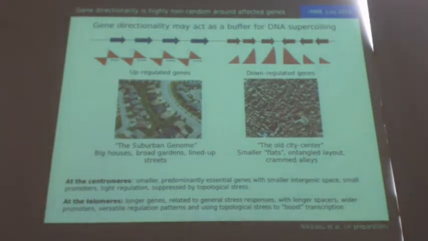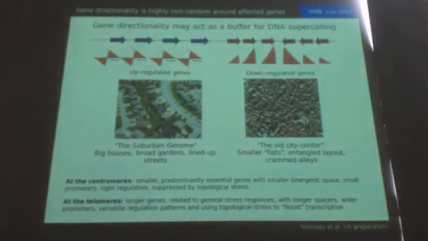This is what I'm trying to get to. So a region like this will tend to be less dependent on the action of topoisomerases, because the supercoils will tend to cancel each other out, and there's also greater spacing between the genes for the DNA to relieve the tension.